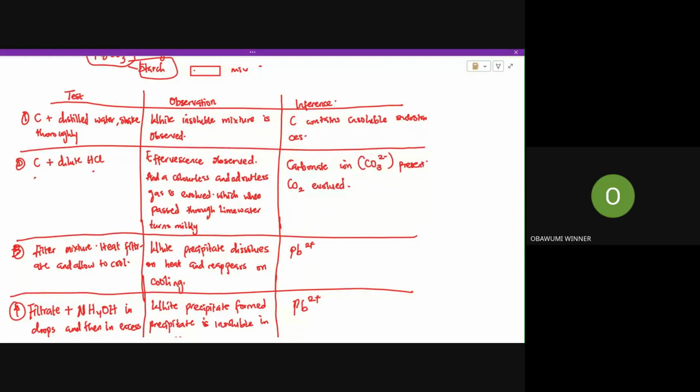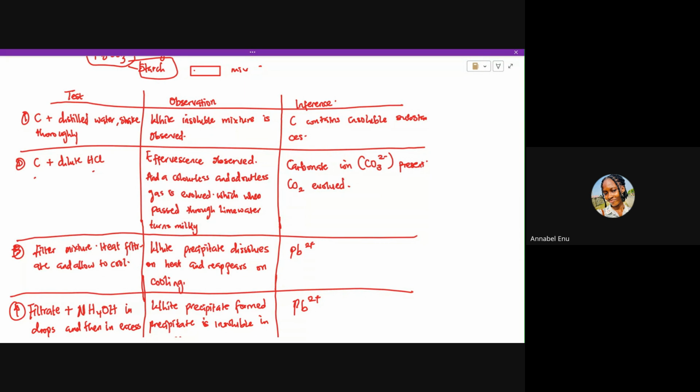Are we going to do the practical by ourselves? If you're going to do the practical by yourself, normally in WAEC, candidates will be given their own reagents to work with. But based on the situation and country we find ourselves in, I don't think you will necessarily be given those things to do individually.